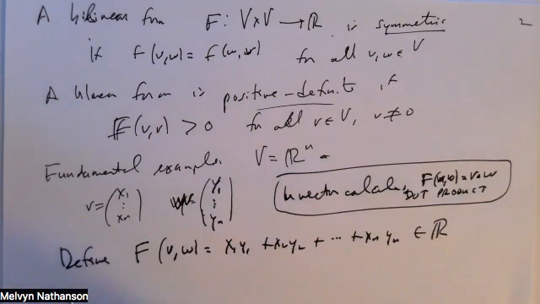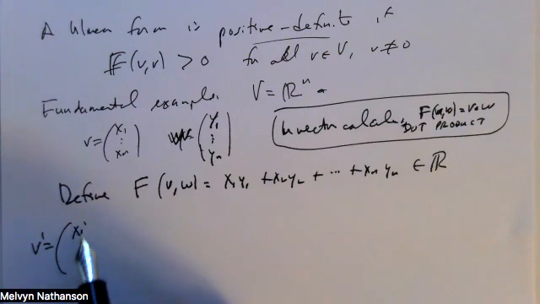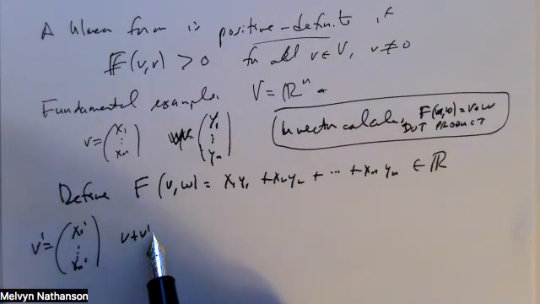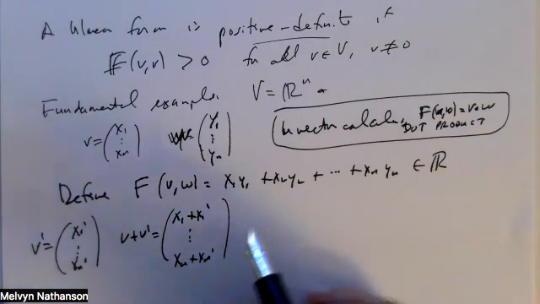So let me just check one or two of the properties. This is v. Suppose v prime is (x1 prime, ..., xn prime). So v plus v prime has coordinates x1 plus x1 prime down to xn plus xn prime.